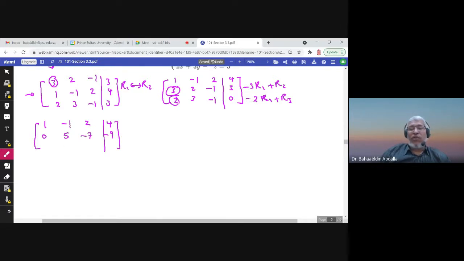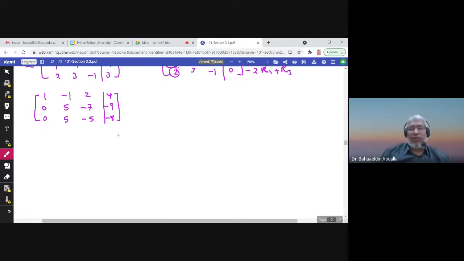Negative 2 times 1 plus 2 is 0. Negative 2 times negative 1 is 2 plus 3, that's 5. Negative 2 times 2 is negative 4 plus negative 1, that's negative 5. Negative 2 times 4 is negative 8 plus 0, that's negative 8. And now I finished dealing with column 1.